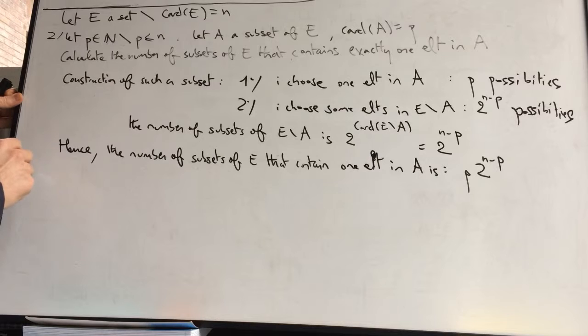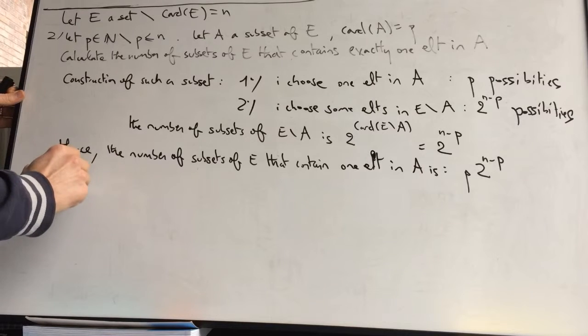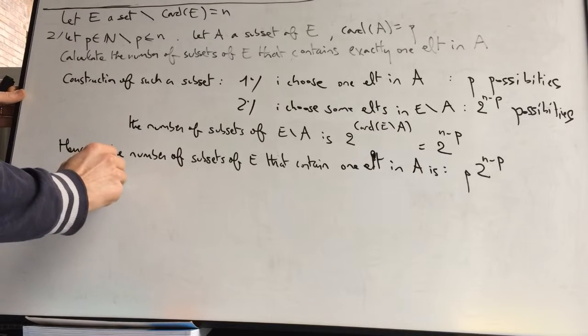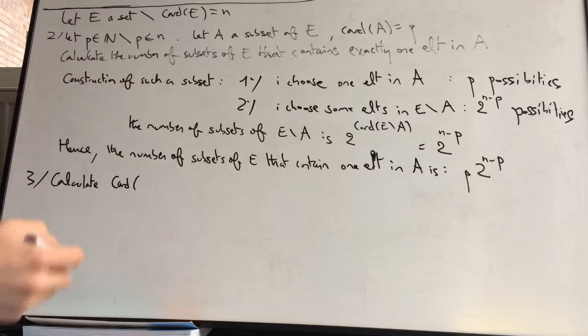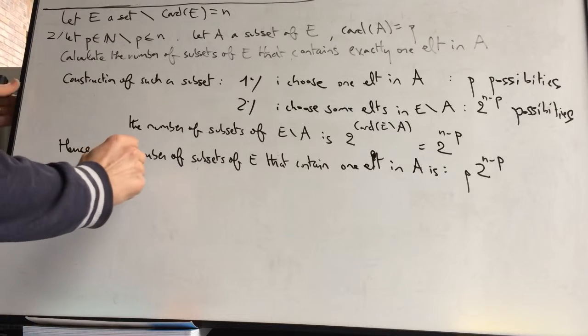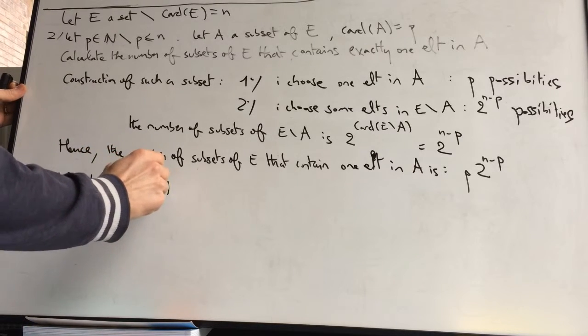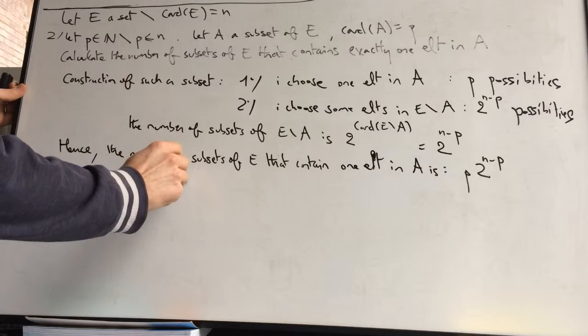The third question is calculate the cardinality of the power set of E square.